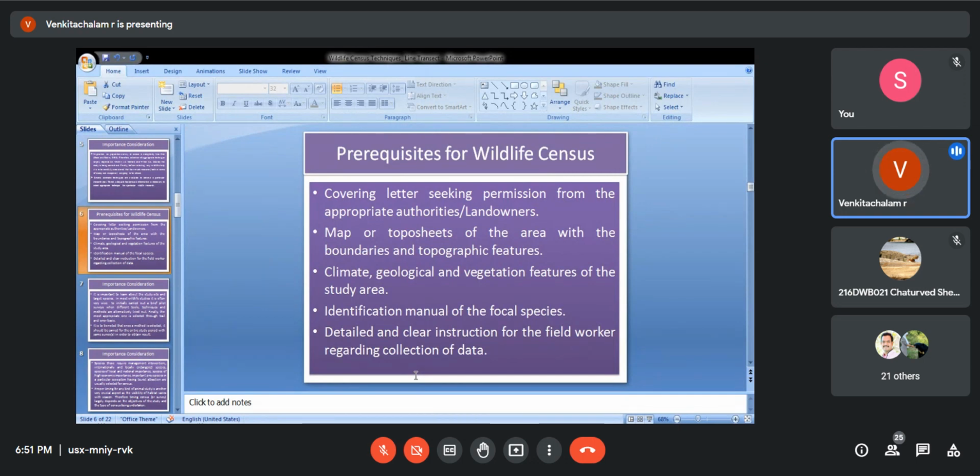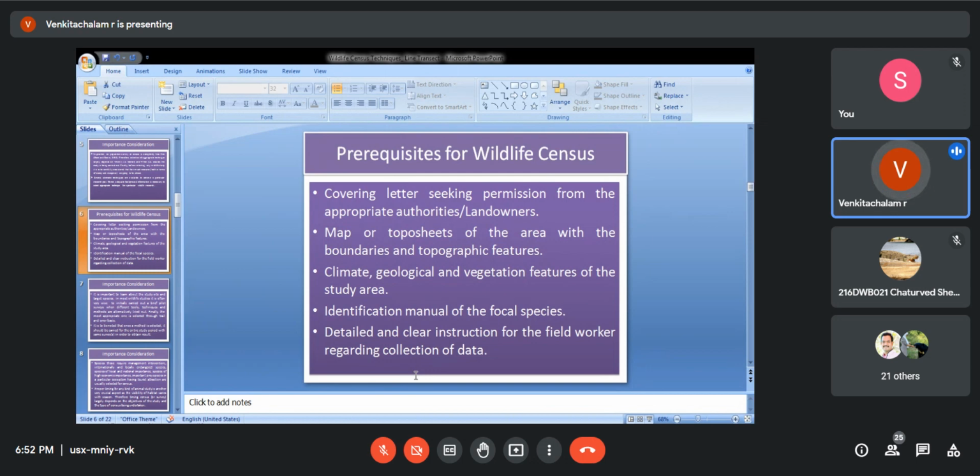At least the managers or scientists should give them proper map proposals of the area with the boundaries and topographic features, where the researcher can easily understand the landscape of the area and its boundaries, and also the climate, geological and vegetation features of the study area.